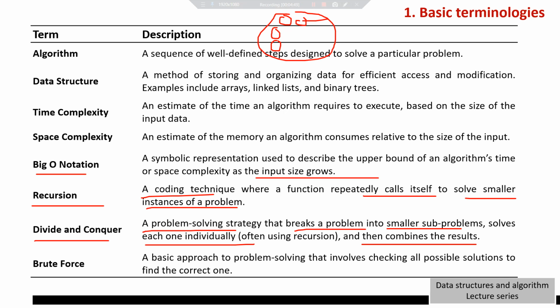Lastly, the brute force, basic approach to problem solving that involves checking all the possible solutions to find the correct one. So every problem may or may not have multiple solutions. So we need to check all possible solutions and to find the optimal one, which is nothing but brute force.